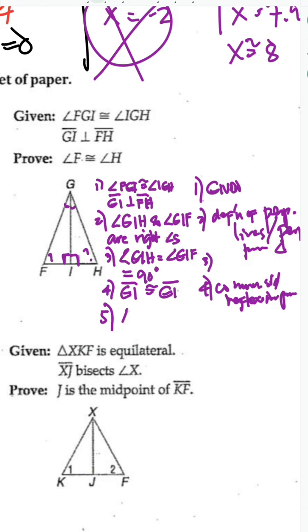So we can conclude that triangle GFI is congruent to triangle GHI. Then a reason: by ASA congruence.